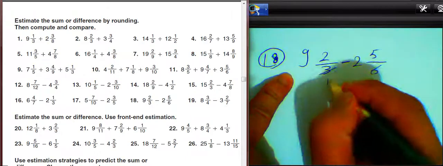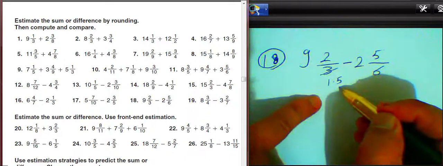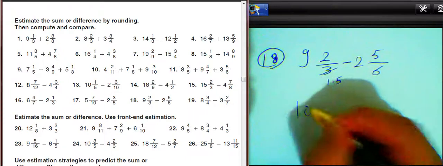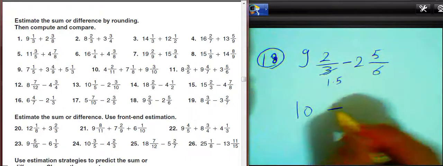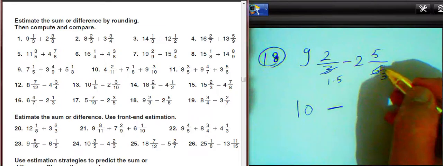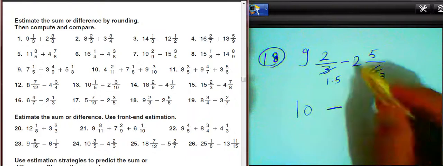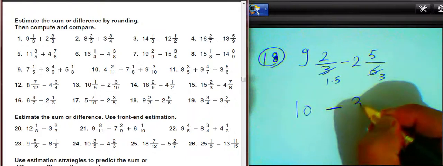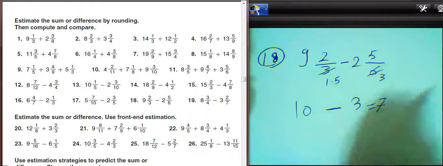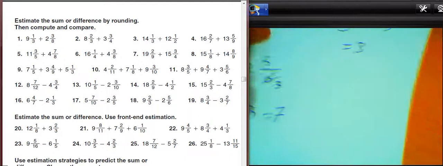Half of 3 equals 1.5. 2 is more than 1.5, so the estimate of this number will be 10. Subtract: half of 6 equals 3. 5 is more than half of 6, so this number is nearest to 3. 10 minus 3 equals 7. That is the difference estimate.